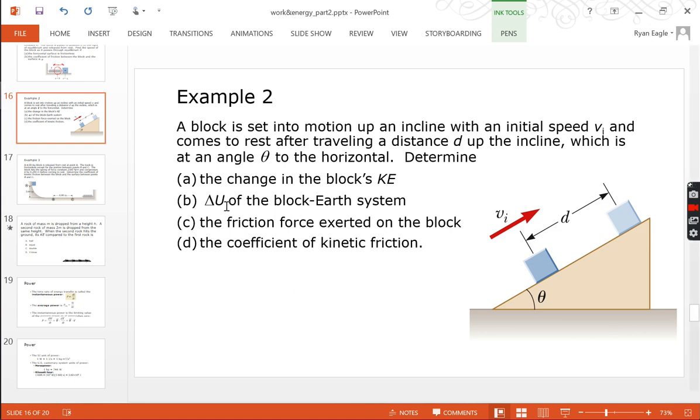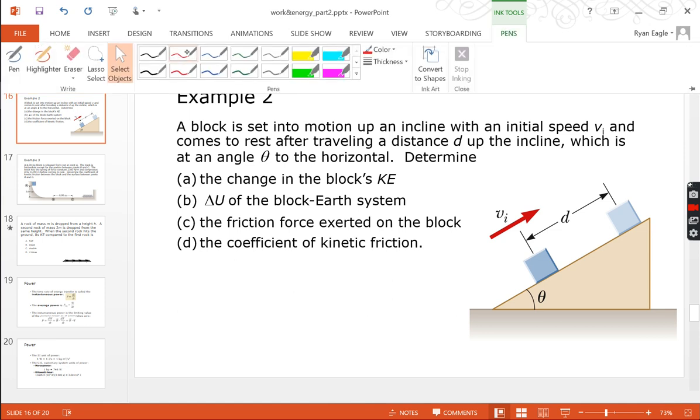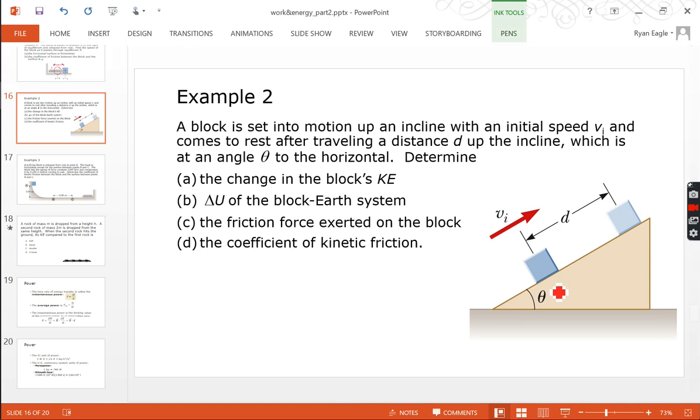The change in potential of the block-Earth system, well, for that we need how much the block has changed its height. So this change in height, h, is related by a similar triangle to this angle.